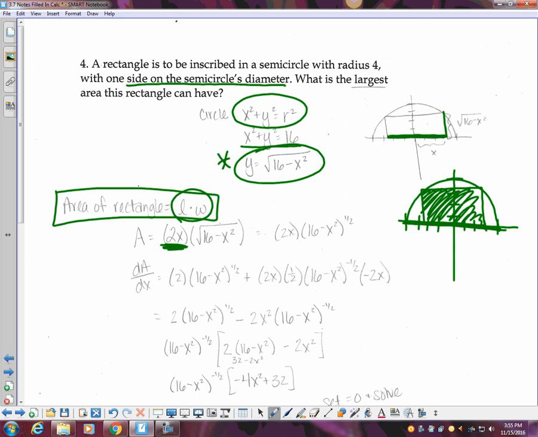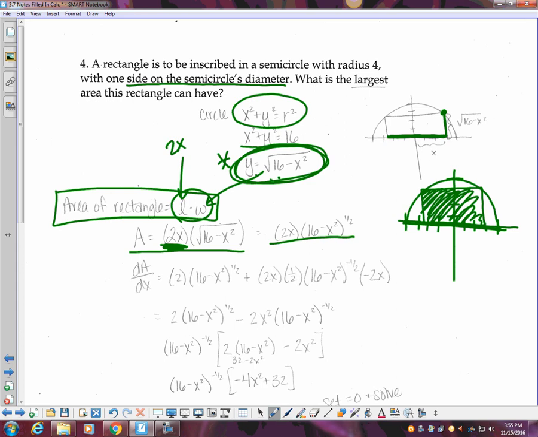The height of this rectangle will go until it hits the edge of the semicircle. So that y value is going to be this y value because they meet. That's why I solved this for y, because now I've got my 2x in here, and I'm going to put this in for my width. And now I have an area formula that's completely in terms of x's.